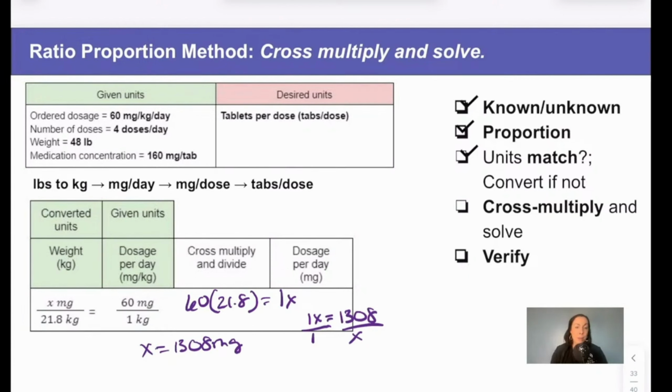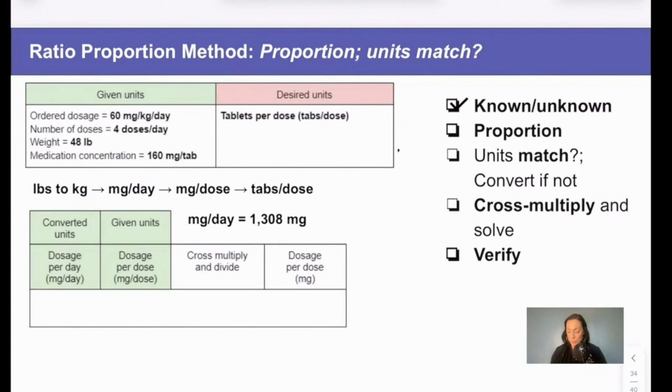So next, we've done our pounds to kilograms, we've done our milligrams per day, and now we have to get our milligrams per dose. We know that there are 4 divided doses. So we have the 1308 milligrams that we just figured out, and we're giving it over 4 divided doses. What we're trying to solve for is x milligrams per 1 dose.